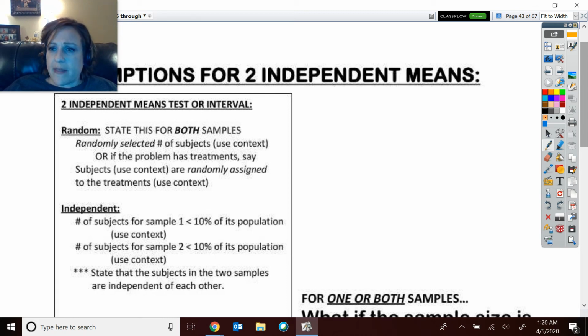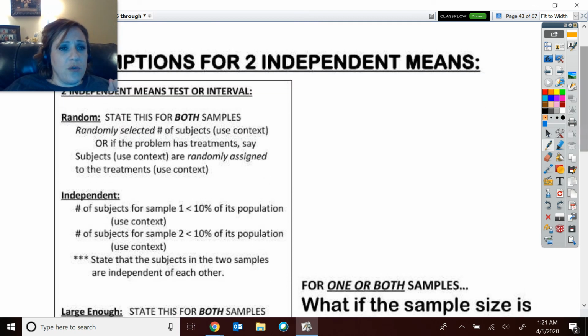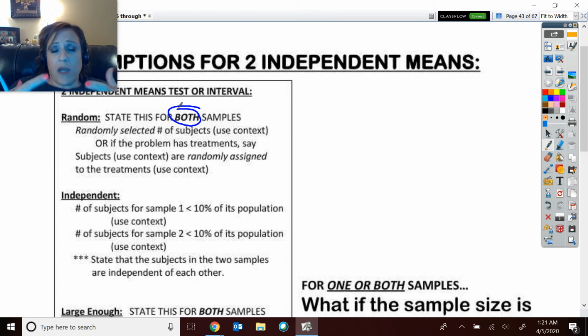I'll remind you something about the independent, two different samples, okay, and then also the sample size being large enough is different than with proportions. So here we go. Make sure that when you do a random, you are stating it for both samples. You're talking about the men being randomly selected or the men being randomly assigned to the treatments. And you're talking about the women being randomly selected or the women being randomly assigned to the treatments.